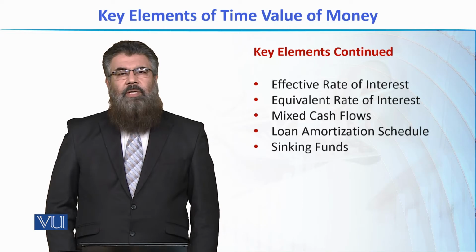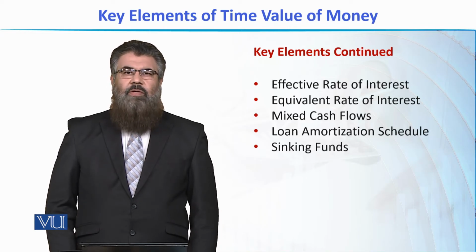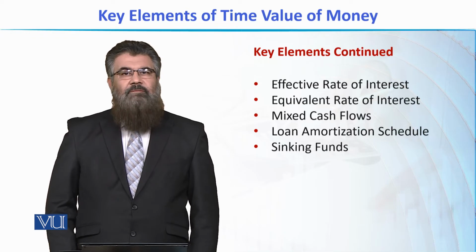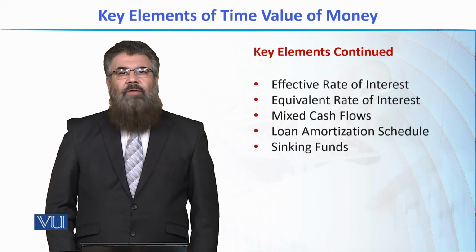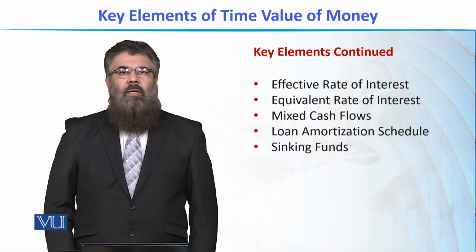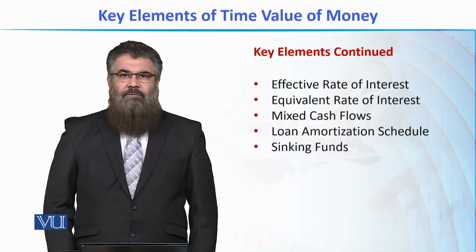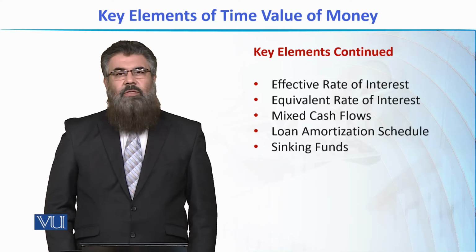Considering the shorter period, we also calculated a rate of interest which is more effective than the nominal rate of interest, and we called it effective rate of interest. That is simply by shorter period compounding or discounting, the difference in the rate of interest is called effective rate of interest.